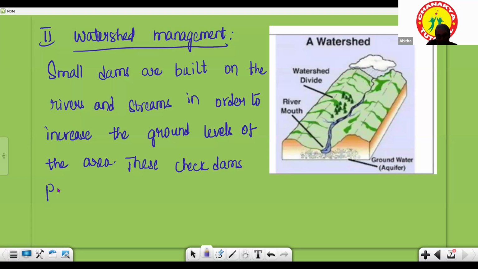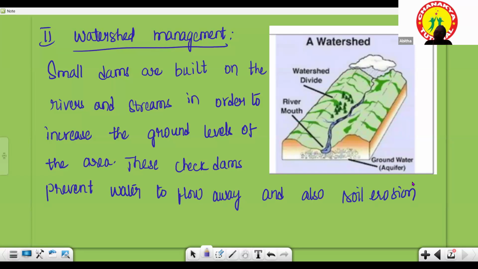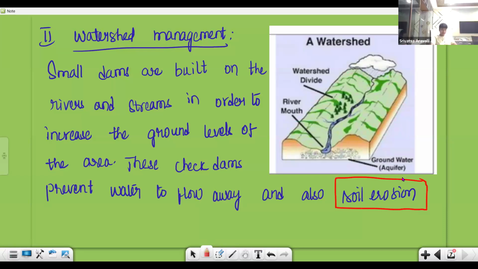So these check dams prevent water from flowing away and also prevent soil erosion. So what is soil erosion? It is the removal of the upper layer, the nutrient rich layer of the soil.